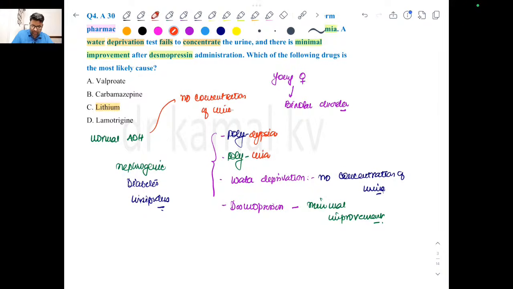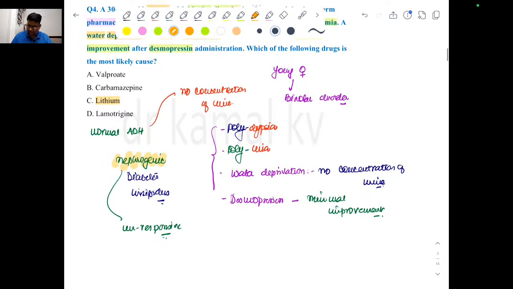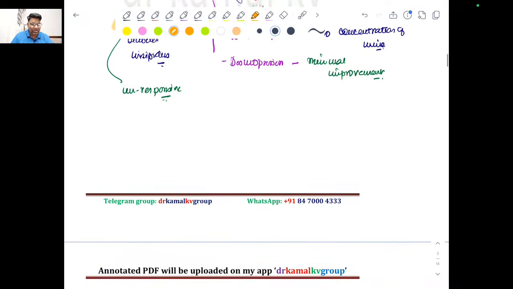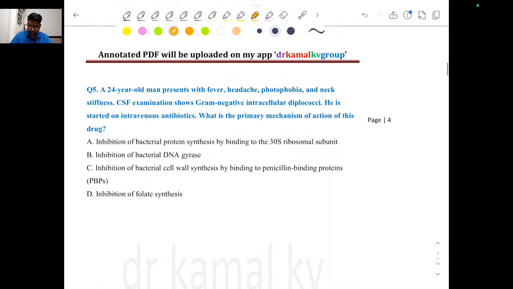So it means the kidney is unresponsive. Clear? So that's nephrogenic diabetes insipidus, very commonly because of lithium. So that's how you can remember this particular concept.